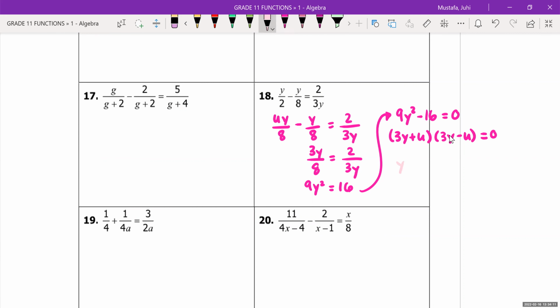So in this case, y is going to be equal to negative 4 over 3, and y is going to be equal to 4 over 3. That makes sense? Pretty straightforward.